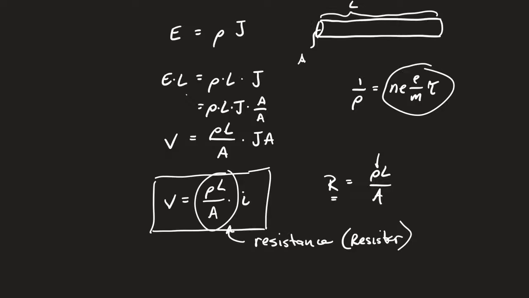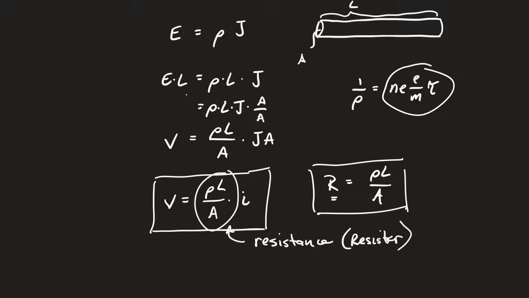Now, from last year, and if not last year, then this year for sure, we need to know this. We know that resistance is related to the length and the cross-sectional area of your material. And that's not a surprise. More cross-sectional area means that there's more pathways for electrons, and therefore we see the resistance goes down.